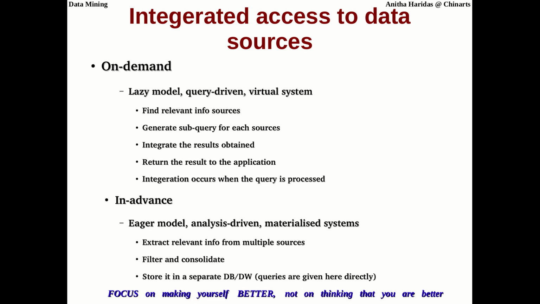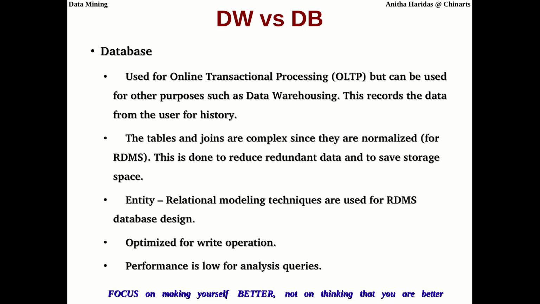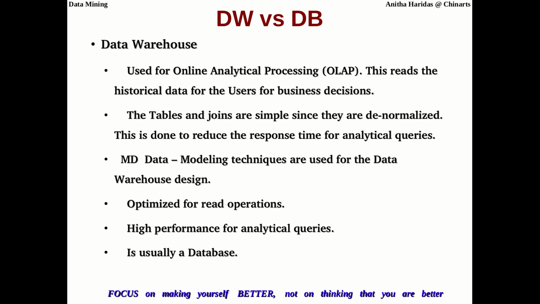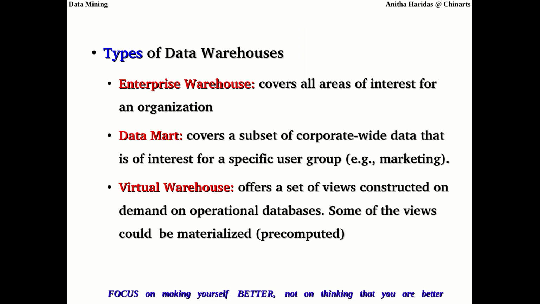One you call as on demand, or it is also called as virtual system. The other one is called as in advance, which is also known as materialized system. So these are the two ways of integrating the data. Then we discussed very briefly what is the difference between data warehouse and database.